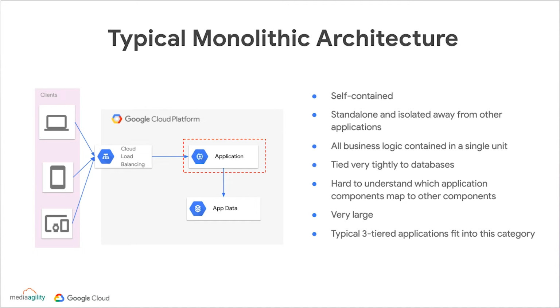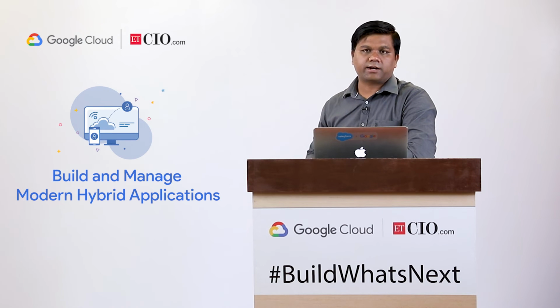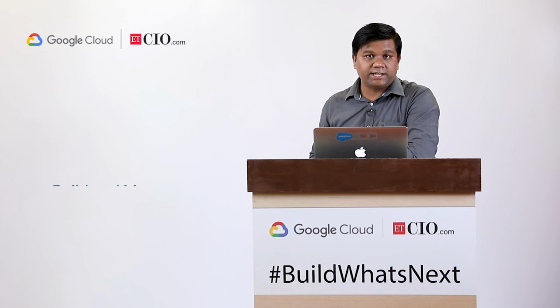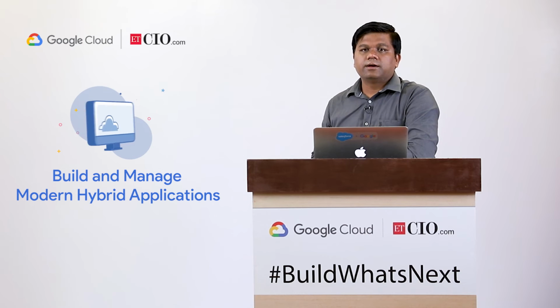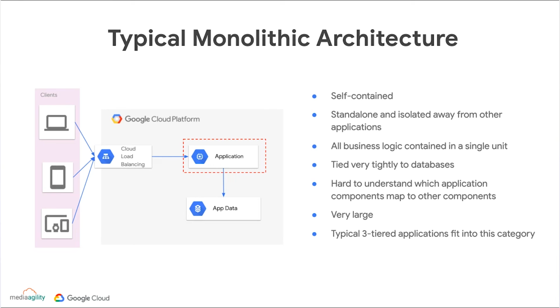Hard to understand which application components map to the other components. There are so many components within the application, right from monitoring, logging, authentication, different application gateways, and we need to understand how each of them is talking to each other. They are very large to deploy, and the typical 3-tiered application fits into this category.